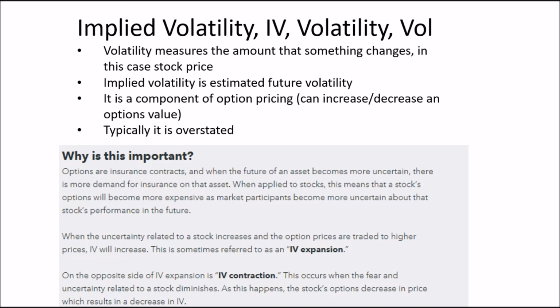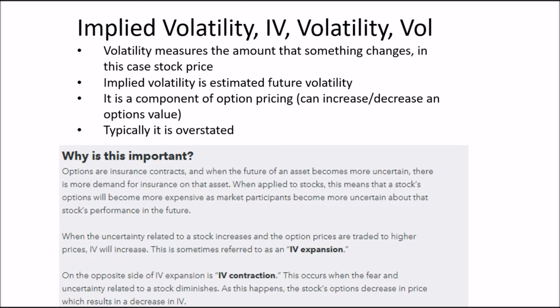Implied volatility is also a component of the option pricing. So when you go to buy an option and that option costs $5, part of that $5 cost includes the implied volatility. They're pricing in the possible fluctuation of that stock in the future. And implied volatility can make the option price increase in value or decrease in value. Lastly, implied volatility is typically overstated.